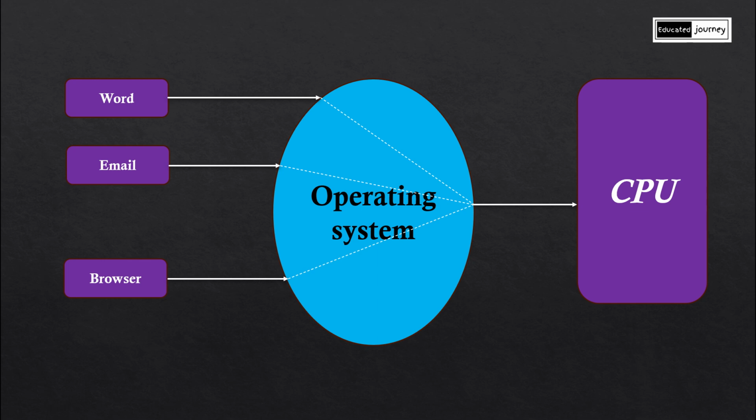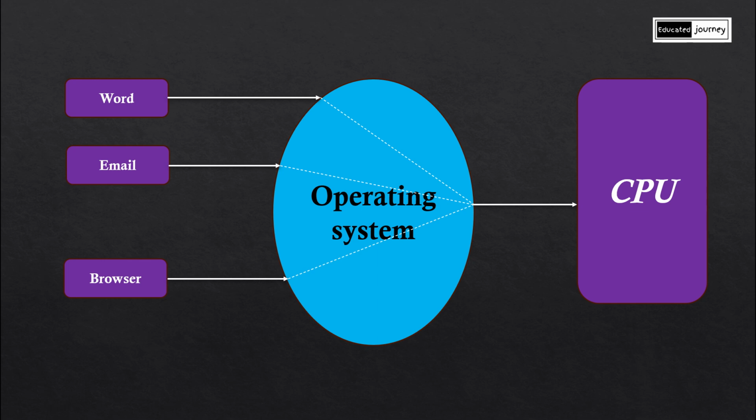The operating system gives the CPU to Word for a very short time. Then it quickly switches the CPU to email. After that, it switches the CPU to web browser. This switching happens very fast, in milliseconds. Because of this fast switching, the user feels that applications are running at the same time.